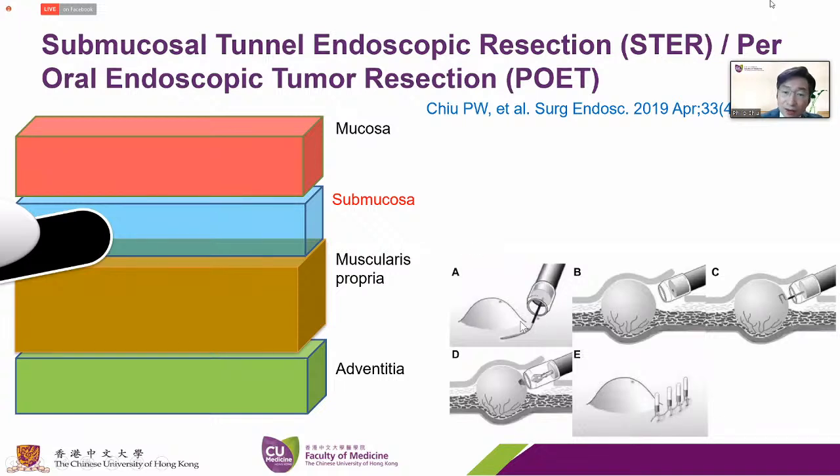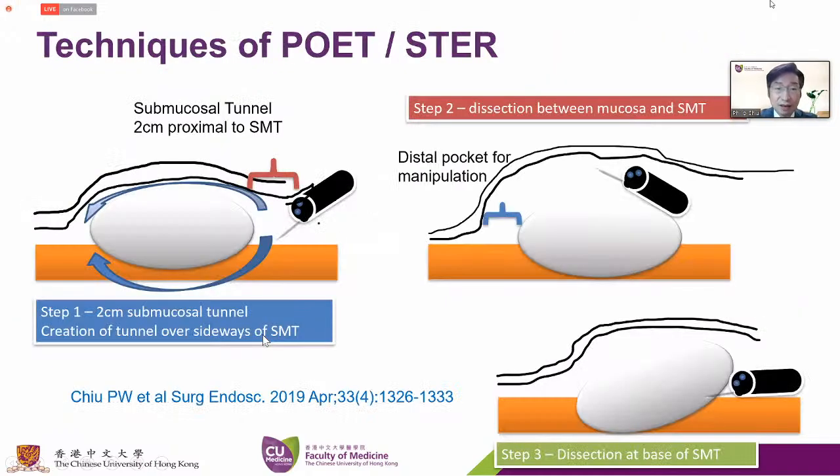So same concept: endoscopic incision, afterwards dissection around the tumor, thirdly to resect and take out the tumor, and fourthly to close the mucosal entrance with clips. This is one of the diagrams to show you the technique of this procedure. Very importantly, step one is to develop a submucosal tunnel.